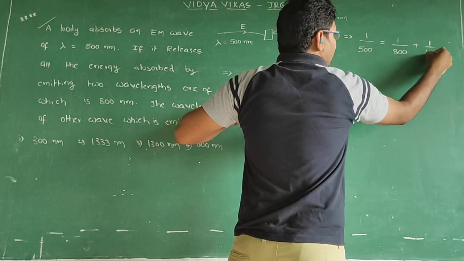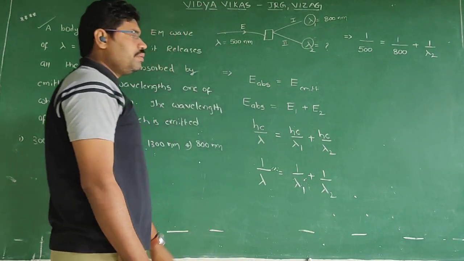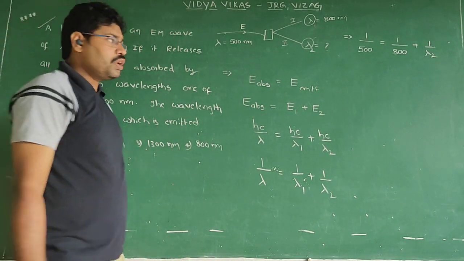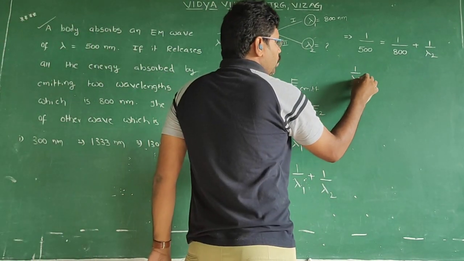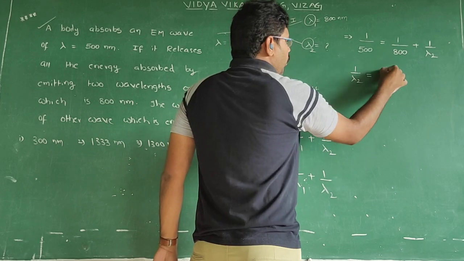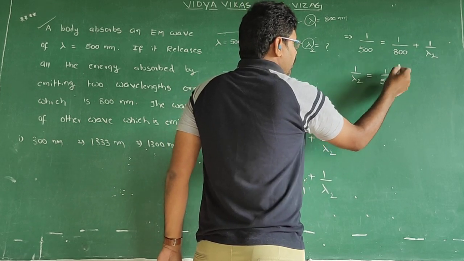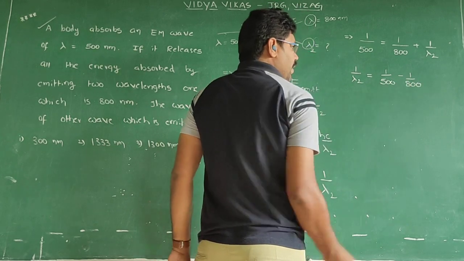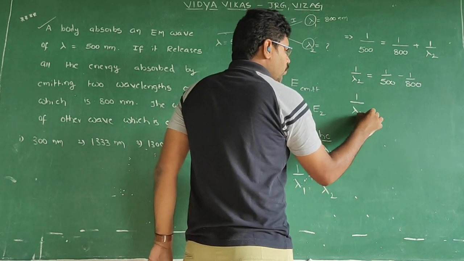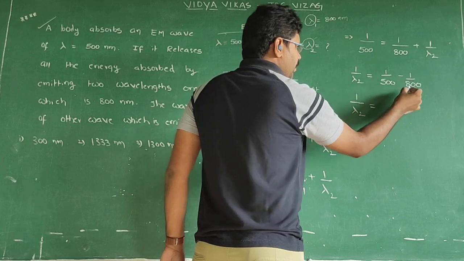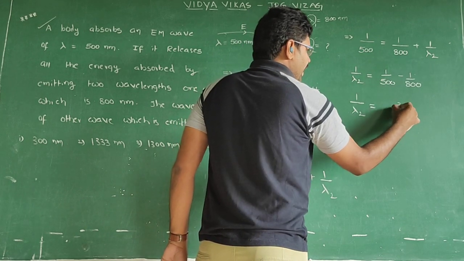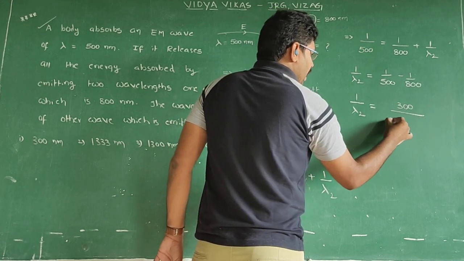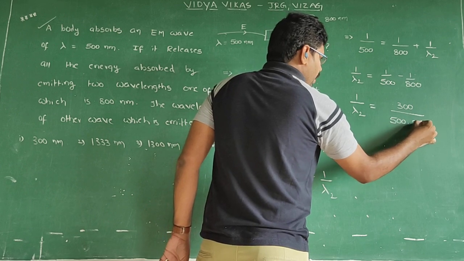What about the other emitted radiation's wavelength? That is the question. While we come to 1 by lambda 2, dear students, 1 by 500, ఈ టర్మ్ ని పట్టుకొద్దాం నాన్న, minus 1 by 800. Am I right? 1 by lambda 2, dear students, just look at the LCM. 800 minus 500 means 300 by 500 into 800.